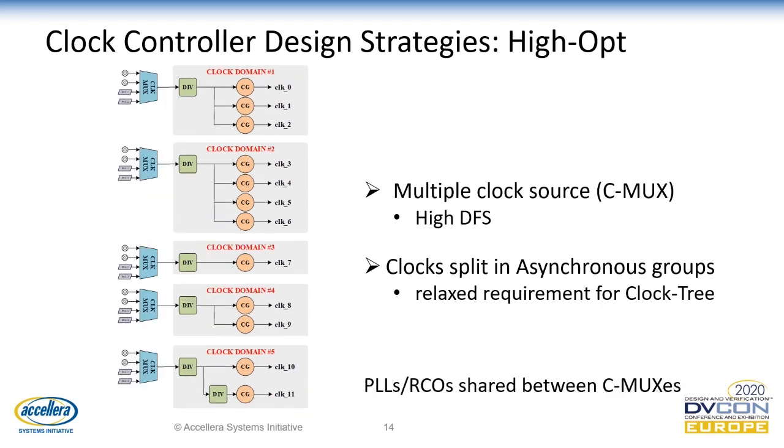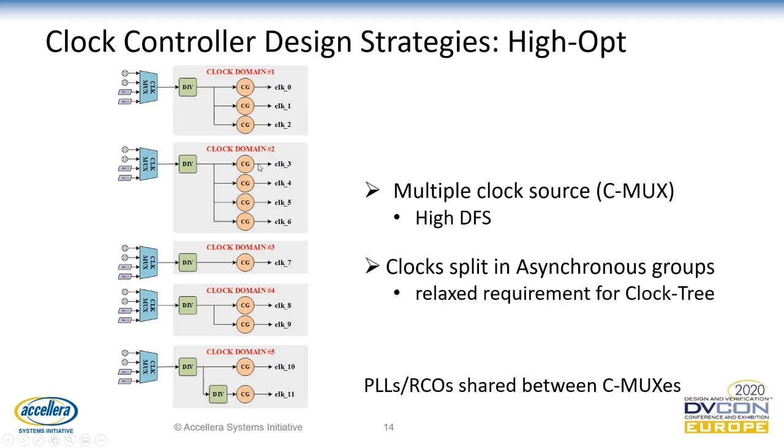Something different is on the optimized design, where essentially every clock group has its own CMUX. So in this case, we have the highest DFS possible, because whenever you switch the first clock MUX, two inputs of the first clock MUX, it doesn't impact the other one. So software has kind of independent control of each clock branch.